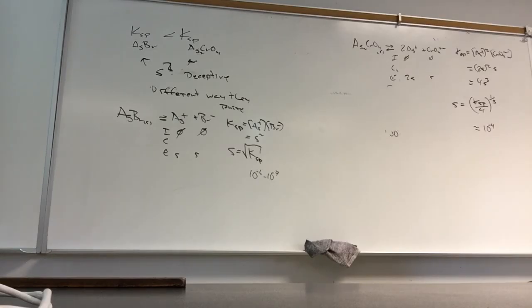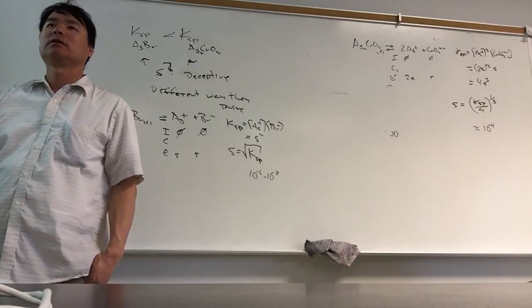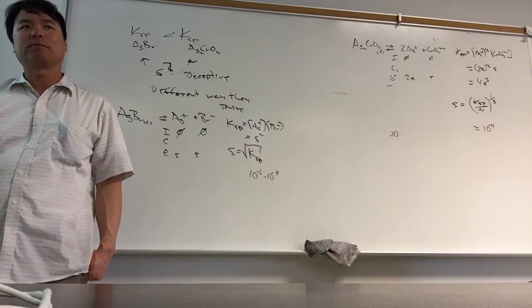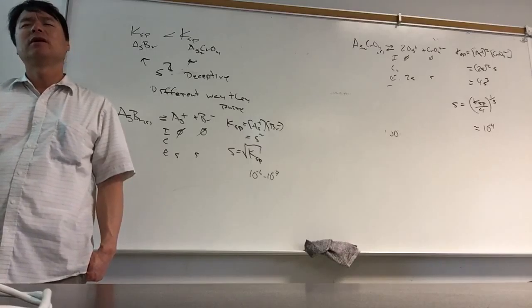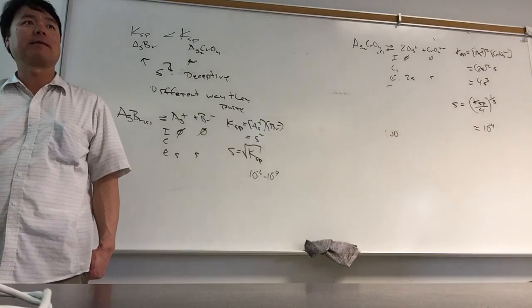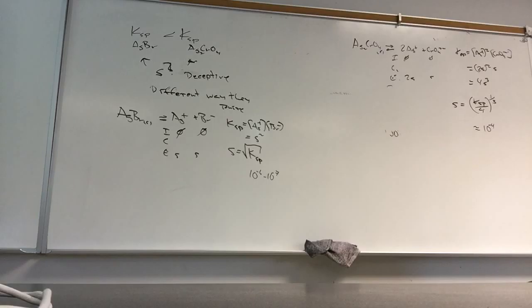I'll just tell you this because it's tricky, and I'll try to trick you in the sense that I give you one solid with a bigger KSP than the other, but I change the initial condition, or I change the splitting pattern, I just choose whichever one, so that the one with the bigger KSP is actually less soluble than the one with the smaller KSP, okay? So watch out for that. I'm not saying I'm going to do it on this test, but you have to be careful.